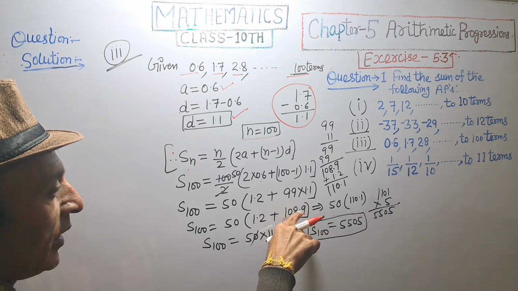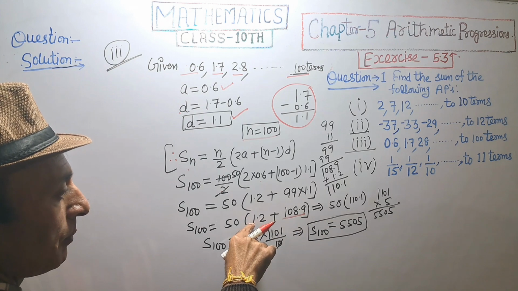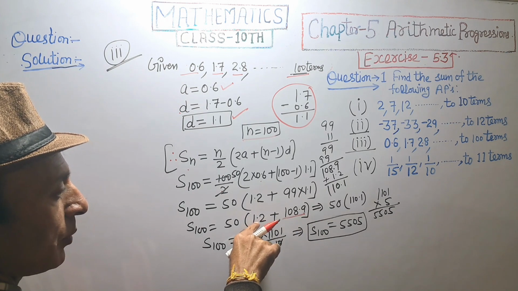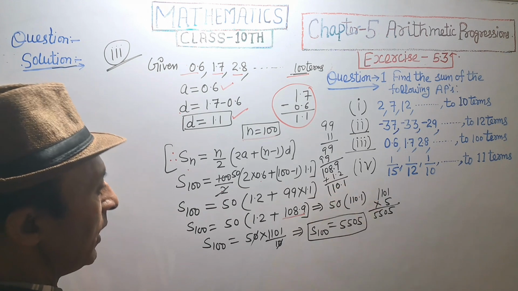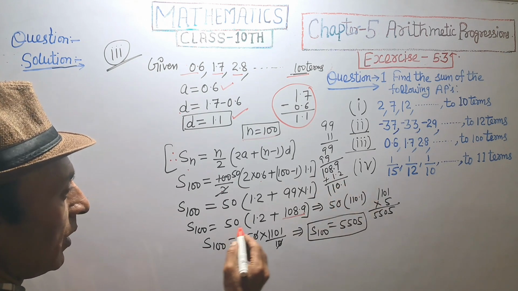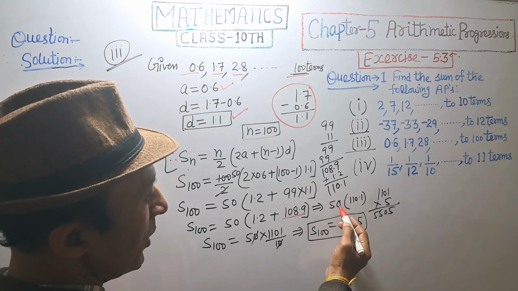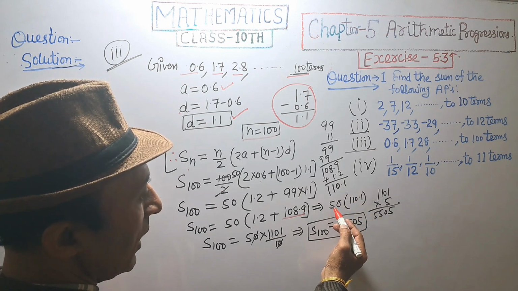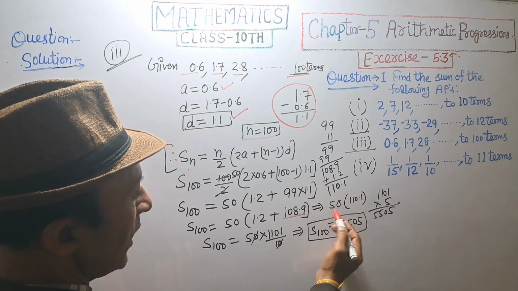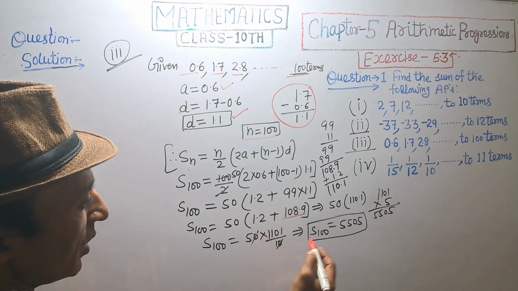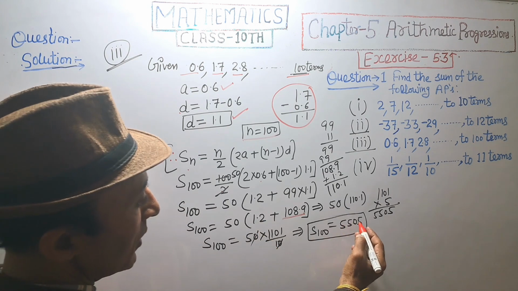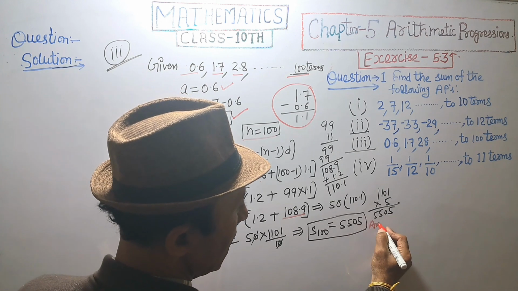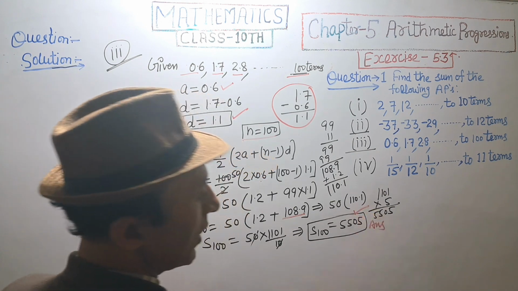Adding 108.9 plus 1.2 is equal to 110.1. Multiplying 110.1 by 50, we get 5505. Answer.